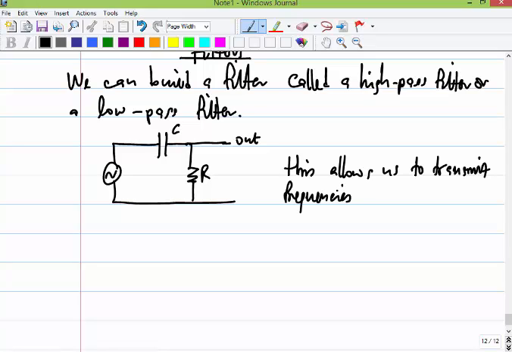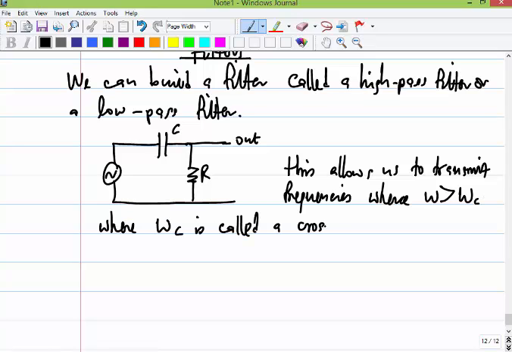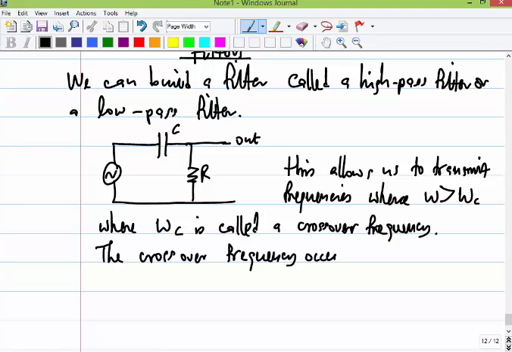This will allow you to transmit frequencies where omega is greater than omega C, where omega C is called the crossover frequency. The crossover frequency occurs when the voltage across the resistor is equal to the voltage across the capacitor. So the crossover frequency equation is VR equals VC.